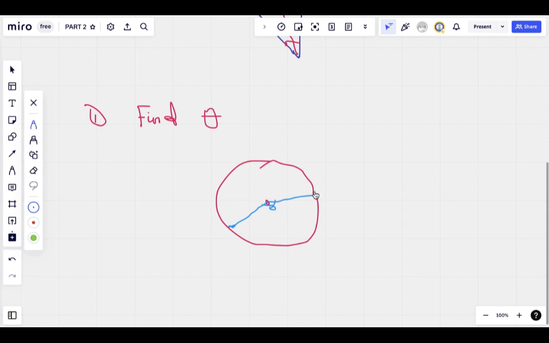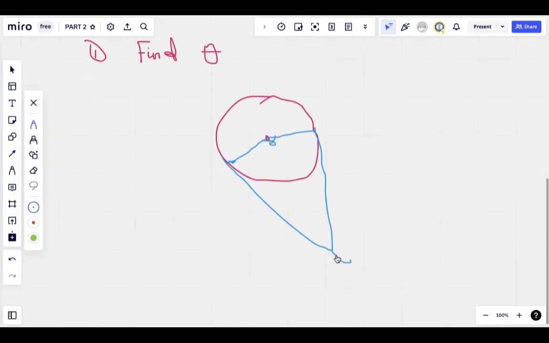Here is a tangential line, a straight line. Here is another tangential line. Here was a 25 degree outside angle. 25 degree.